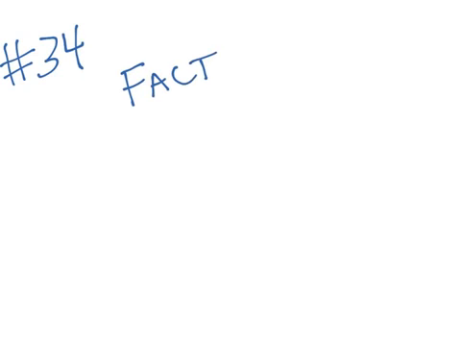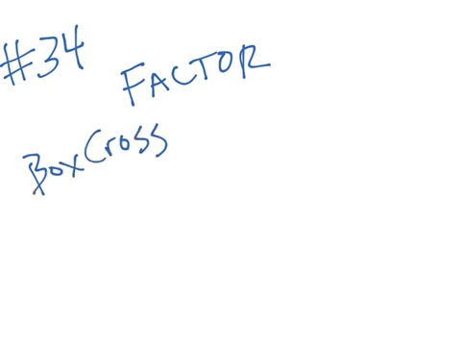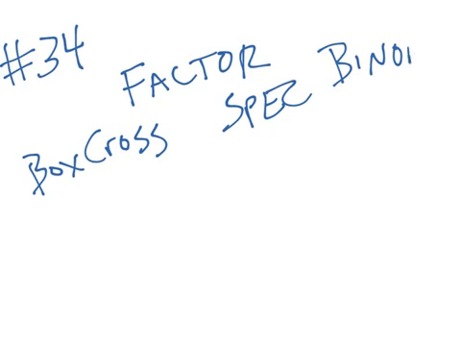Okay, that concludes skill number 34. So for the skill net test for number 34, we will need to know how to factor in a variety of ways. There's the box cross method, and then there is special binomials. Special binomials, that would be the difference of squares.